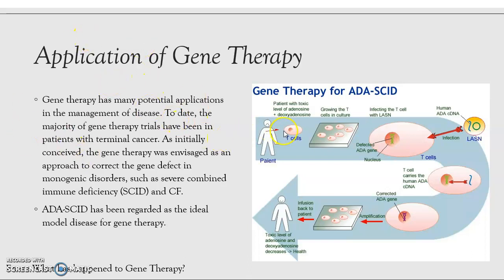Here, like we talked about CF, there's also an immune deficiency, and this shows how the T cells are affected, how the infection is in the cells, and then how the DNA or the ADA gene gets corrected, and then your health may or may not improve. It shows how the patient gets sick and then how they could improve. This has also been regarded as the ideal model disease for gene therapy. So whenever you think of gene therapy, think of this picture.